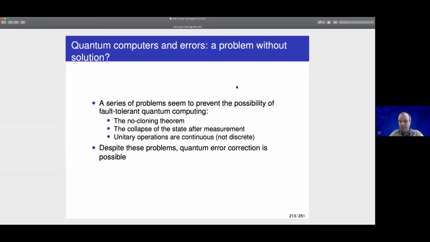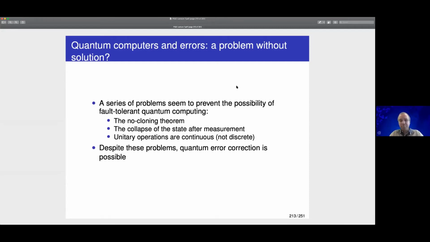We do not have just zeros and ones, but a continuum of values. So the operations are also continuous. These rotations depend on parameters that can be real numbers. So slight imprecisions in the implementation of these rotations can add up, and at the end we have something that is completely different from what we expected.